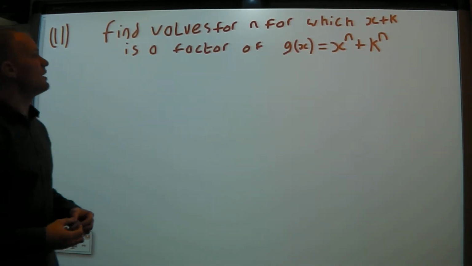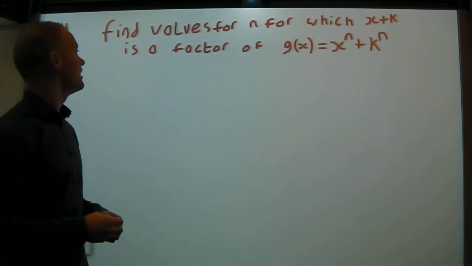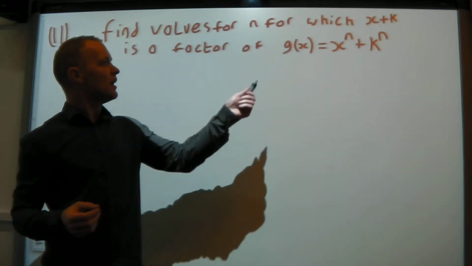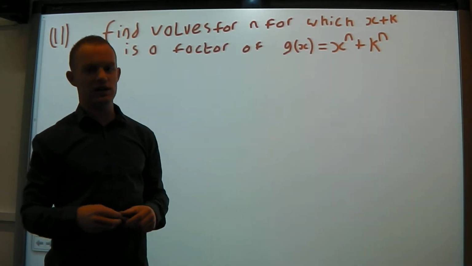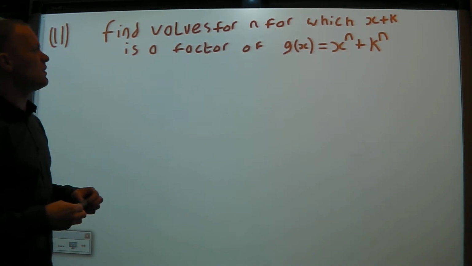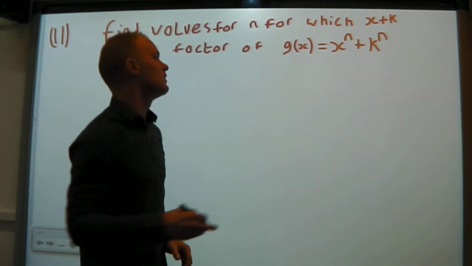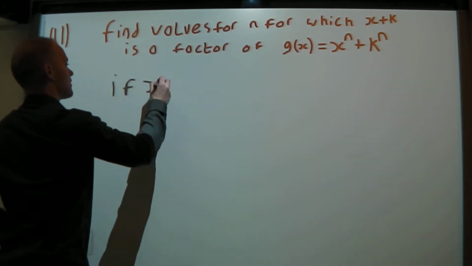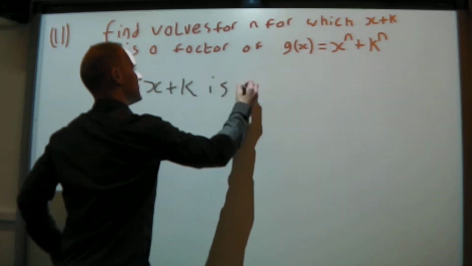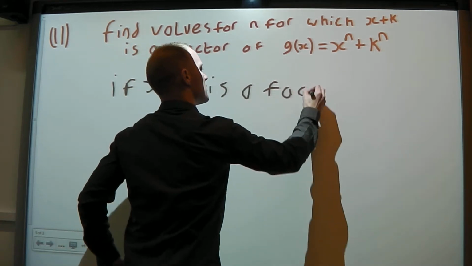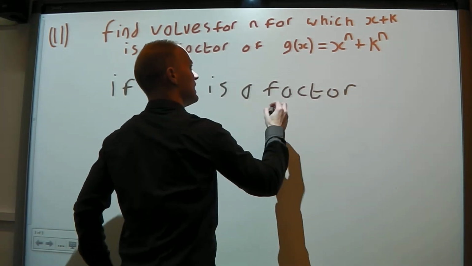So on to the next part of the question: find values of n for which x plus k is a factor of g of x equal to x to the power of n plus k to the power of n. So we just start off here. We know if x plus k is a factor, then x equals negative k is a solution.